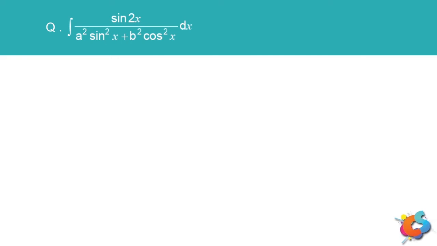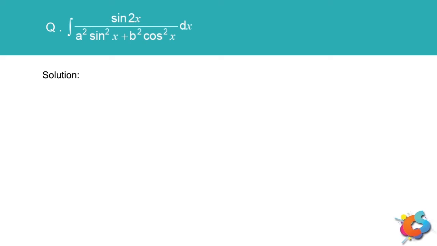Here, given the integral of sine 2x by a square sine square x plus b square cos square x. We know that the derivative of sine square x is 2 sine x into cos x, whereas the derivative of cos square x is 2 cos x into minus sine x. But the numerator sine 2x can be written as 2 sine x into cos x.